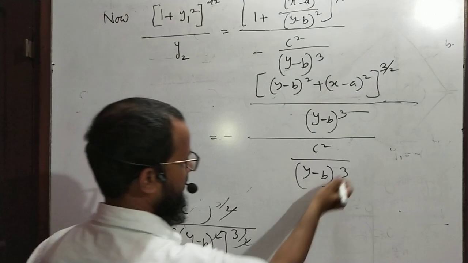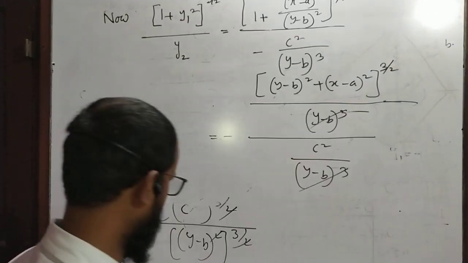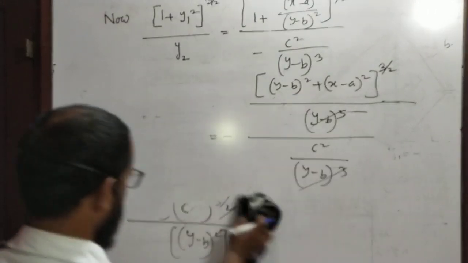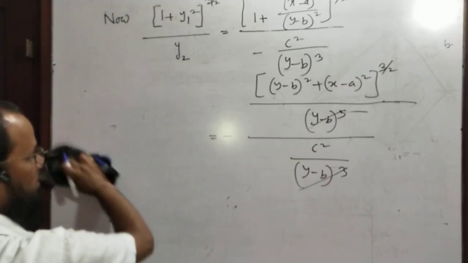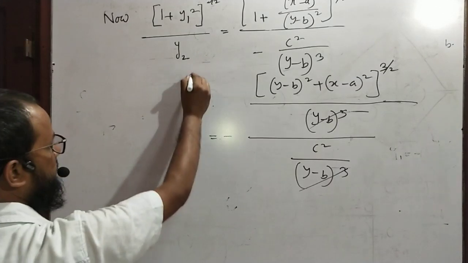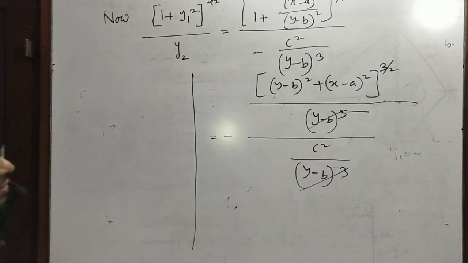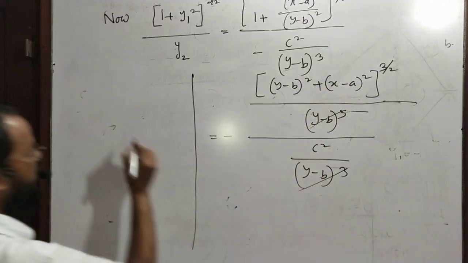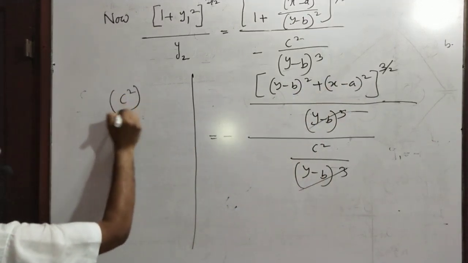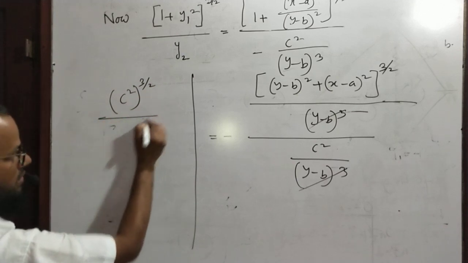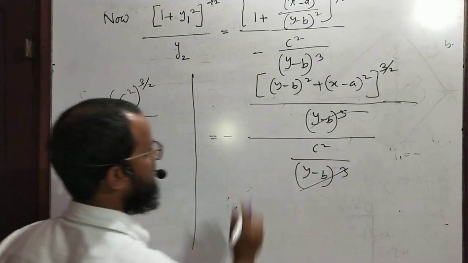Okay, finally this one and that one cancel, and then now this particular figure is what, c square whole to the power 3/2. नीचे क्या होगा, माइनस c square होगा.